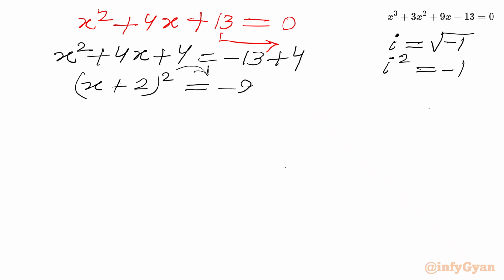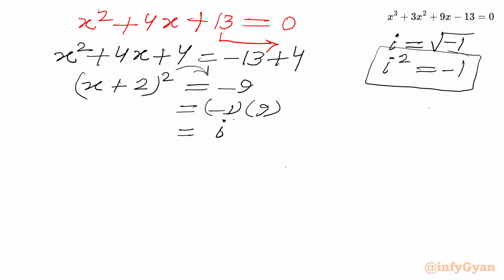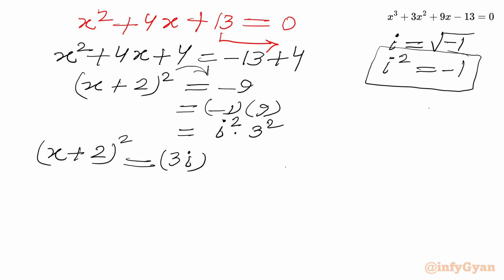So I can write minus 9 as minus 1 times 9, and in place of minus 1 we can write i square. So this is i square, and here we have 9, which we can write as 3 square. So we have x plus 2 whole square equal to 3i whole square.